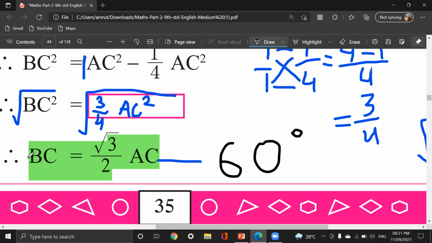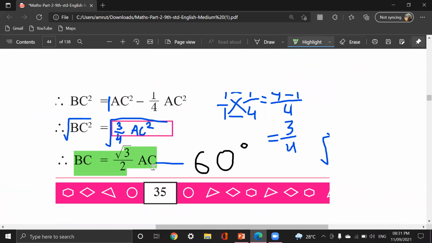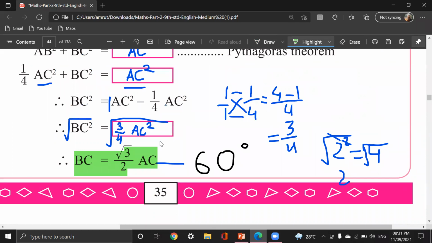So the side which is opposite to the 60 degree angle, which was BC, keep in mind, is root 3 by 2 times AC. AC means hypotenuse. So you can see here the side which was opposite to 60 degree.